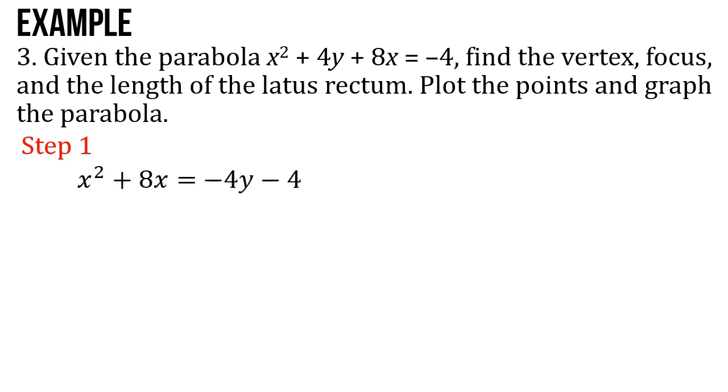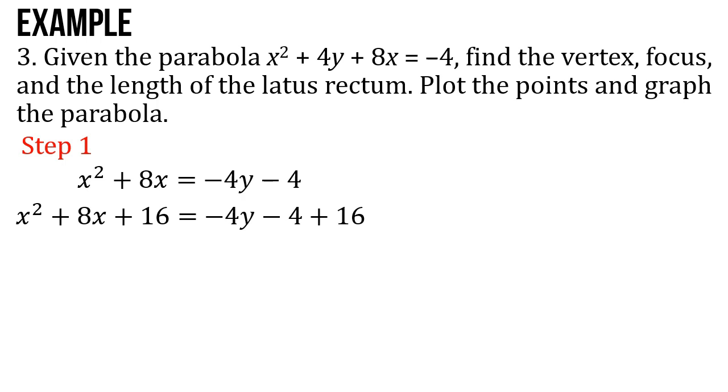So the first thing that we have to do is write the terms with x together on the left side of the equation, then the terms with y on the right side of the equation. Then apply completing the square.